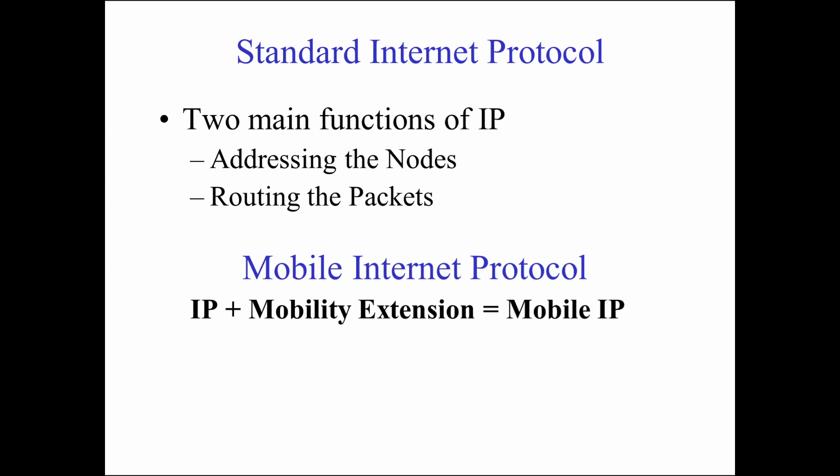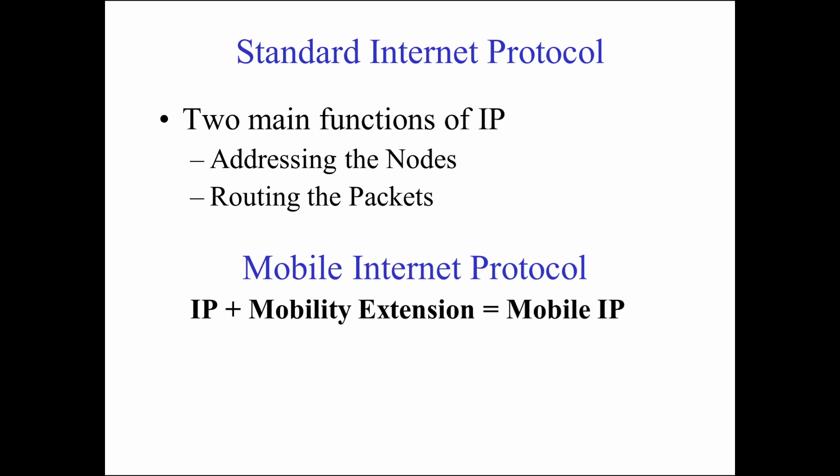And the second function of IP protocol is routing the packets. What is meant by routing the packet? The sender will send the packets and the receiver will receive the packets. Because in a network, there are a number of possible paths between the source node and the destination node. So the IP protocol's main job is to choose the best path between the sender and the receiver.